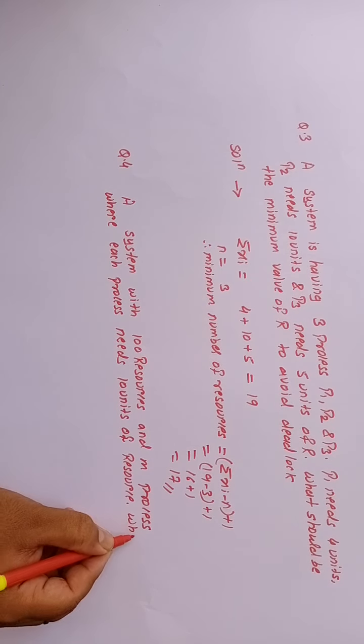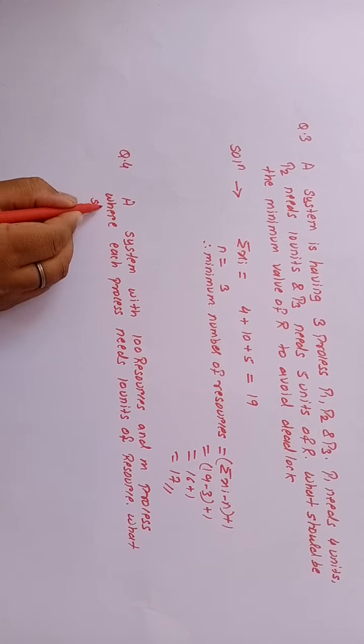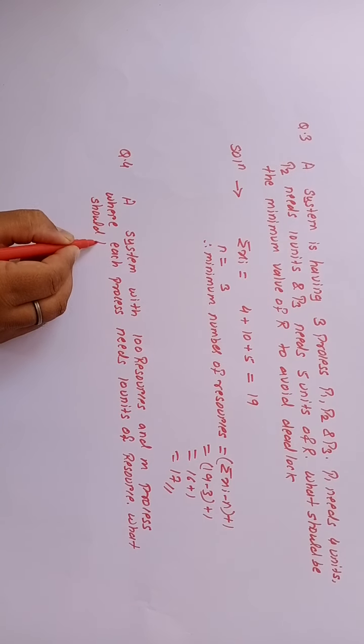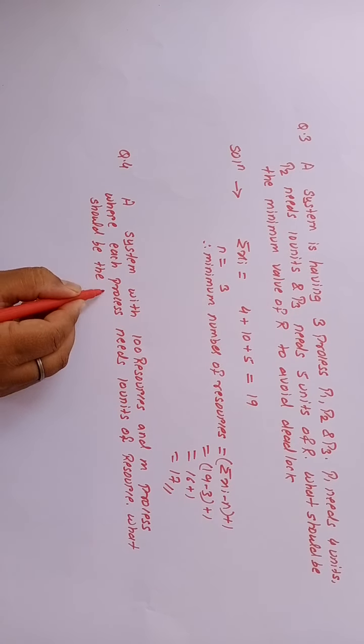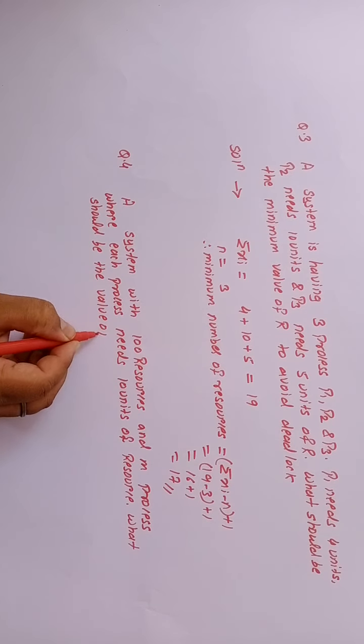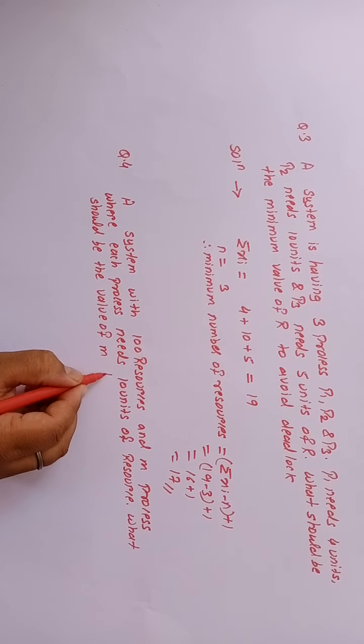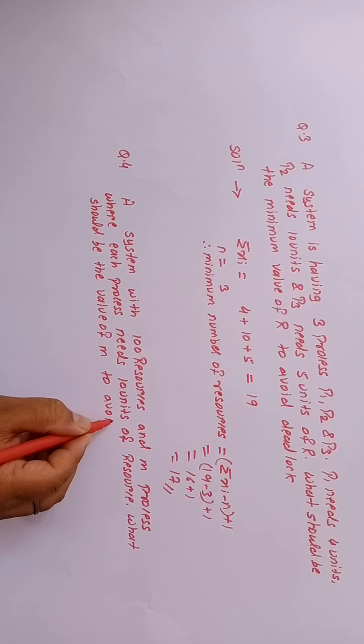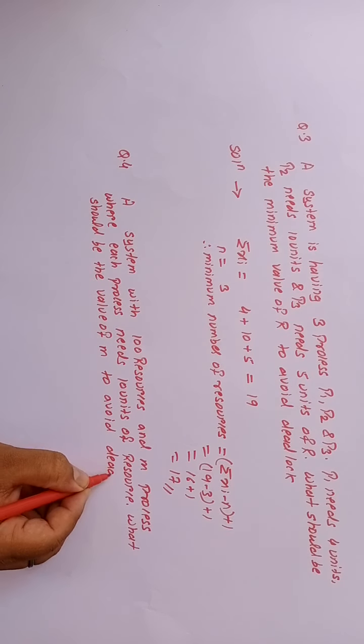So what should be the value of m to avoid deadlock?